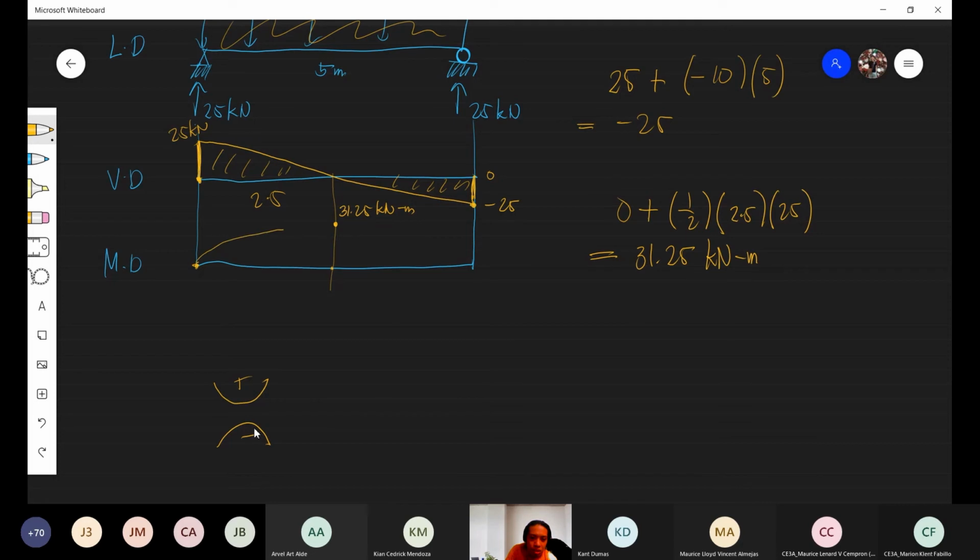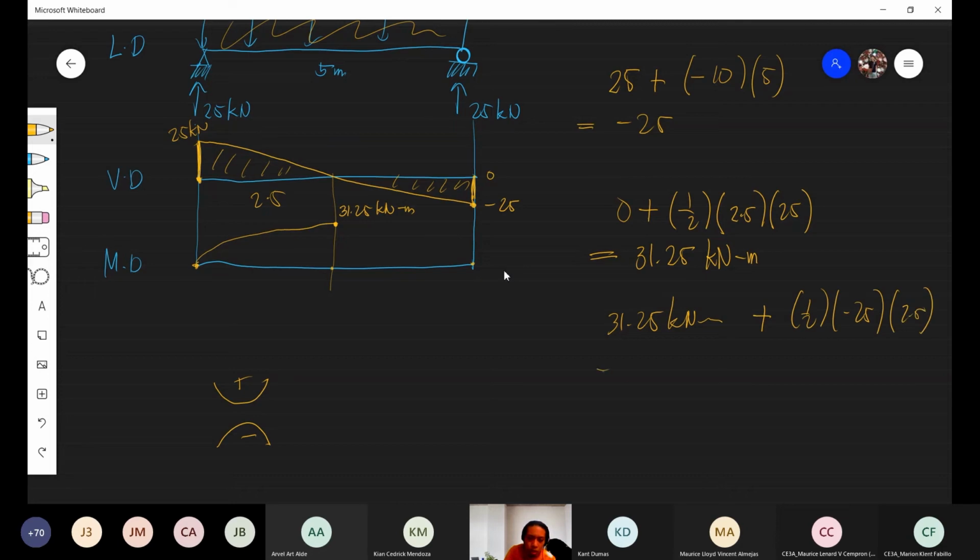Then, to solve the moment here, you take the previous point, 31.25 kilonewton meter, plus the area in between the previous point and the current point. That is negative, so one half times negative 25 times 2.5.